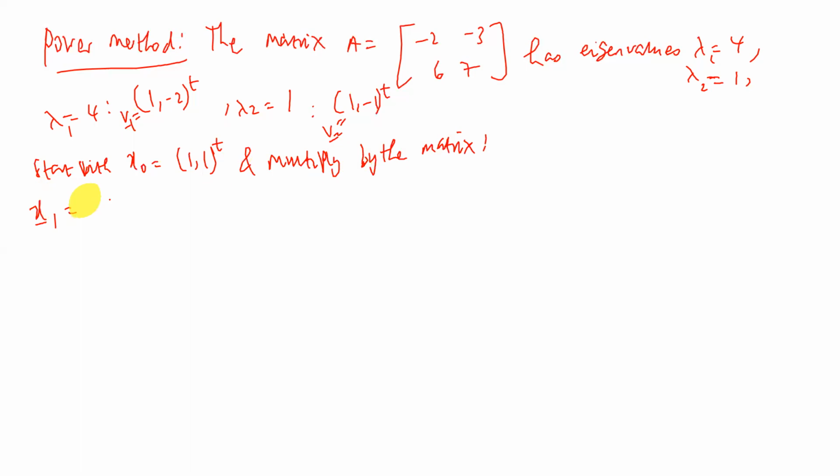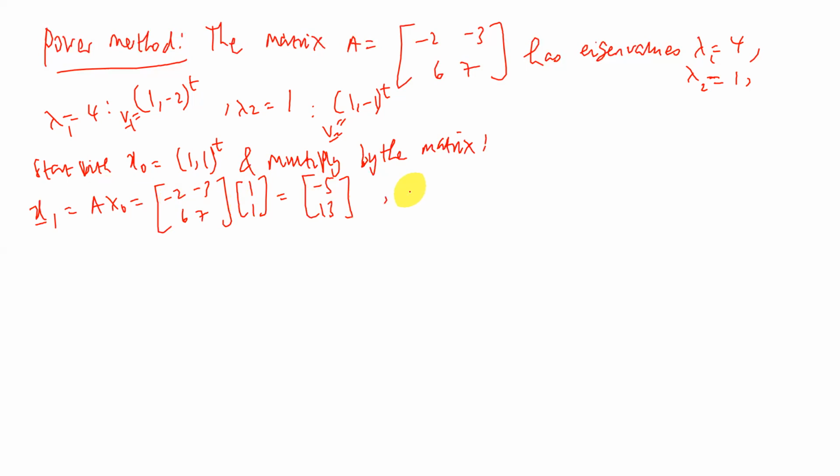So you have A times x0: -2, -3, 6, 7 times 1, 1. And this is -5, this is 13. You're going to get x1 like this.